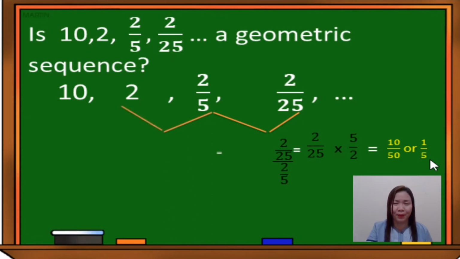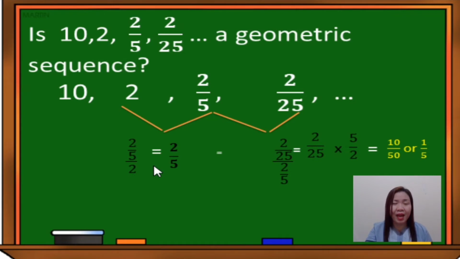Another example: 2 divided by 2 over 5. We are going to apply the process that we applied in the second example.